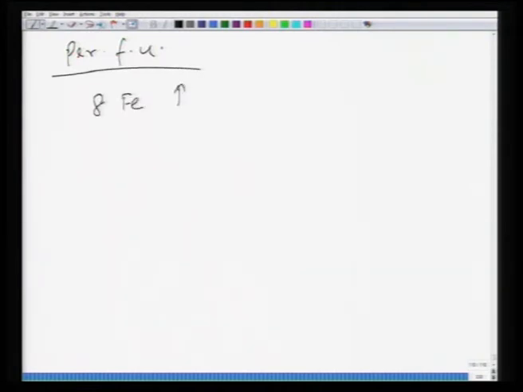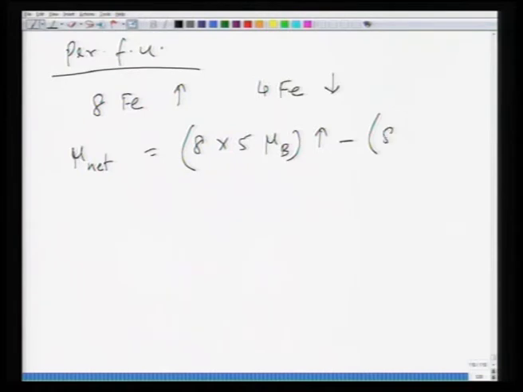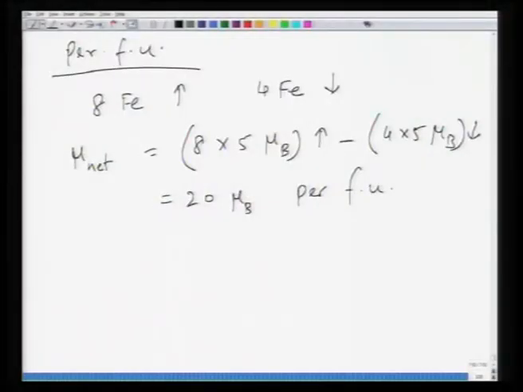So, μ net would be 8 into 5 μB spin up minus 4 into 5 μB spin down, and what this gives rise to is essentially 20 μB per formula unit. So, essentially what you have is 20 Bohr magneton of magnetic moment per formula unit of barium ferrite.